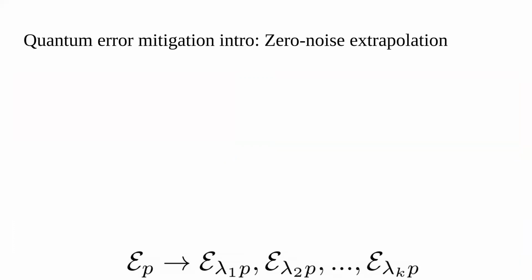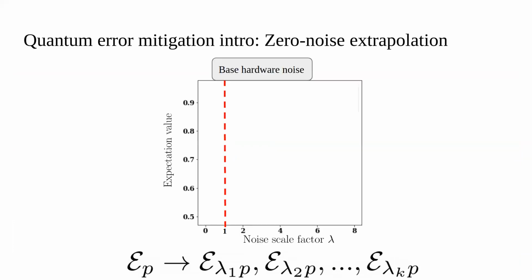So let's see zero noise extrapolation. I showed this channel, the bit flip channel, and this was parameterized by some real number p, a probability. And so let's for now assume that we can scale that. Let's assume that we can introduce what I'll call scale factors, lambda 1 through lambda k here, which will be real numbers larger than 1. And if we do that, we can think about laying this out on a plot.